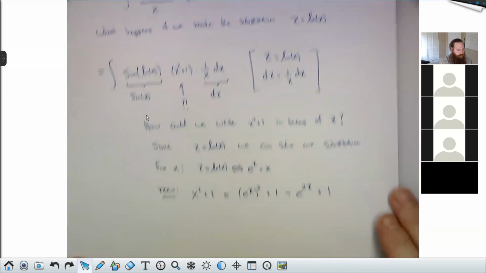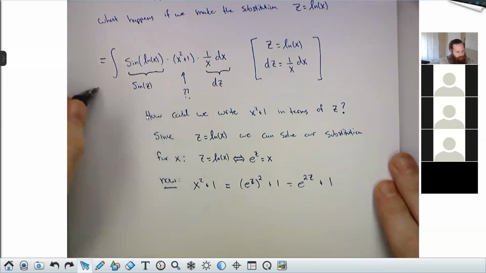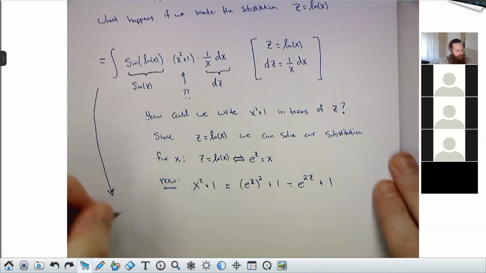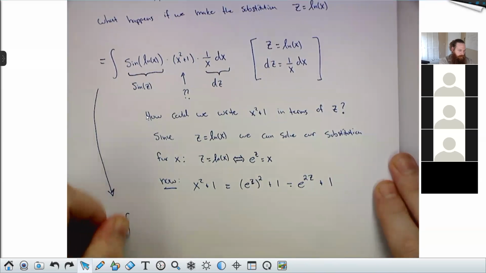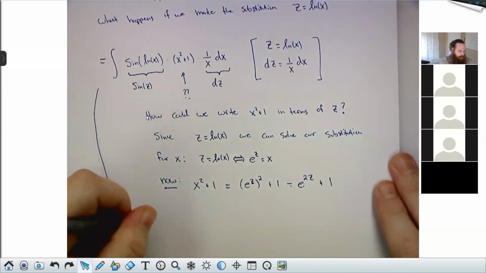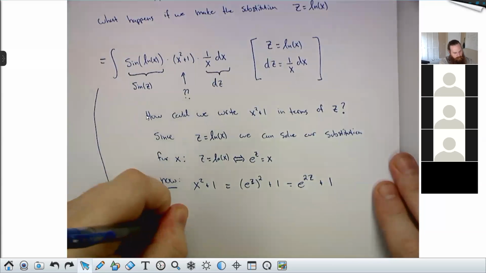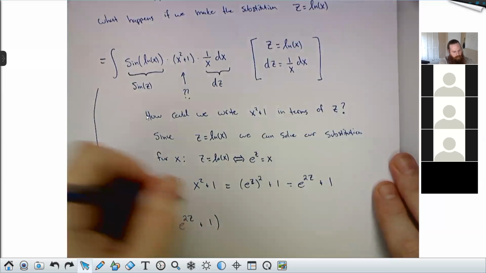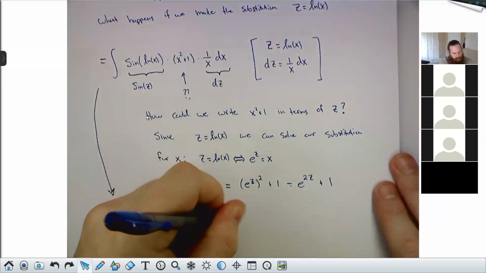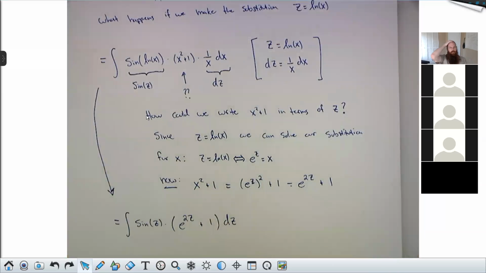So our integral would become the integral of sine of z times e to the 2z plus 1 times dz. That is what happens when we make this substitution. This is the transformed integral.